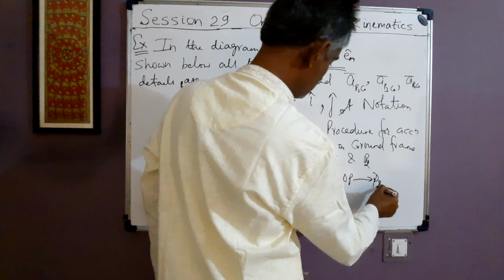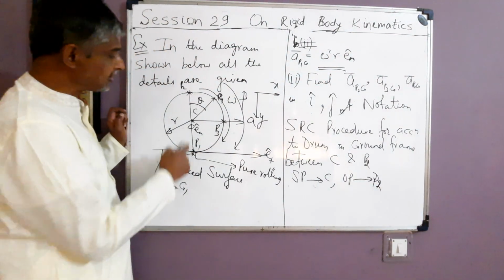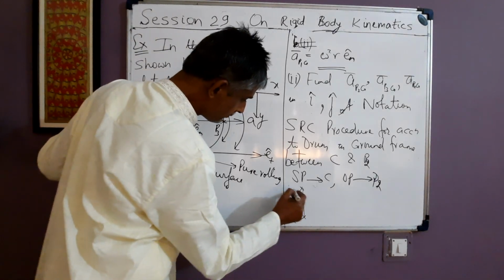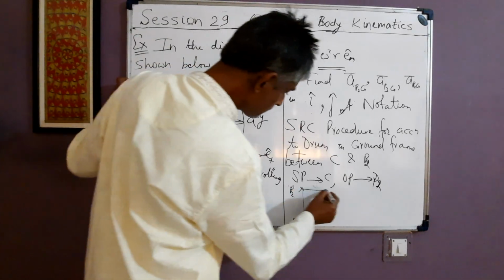Sorry, P1 we have already used. I draw the line joining SP and OP, that is simply the line CP2. I give the acceleration of the selected point C to P2 as A.